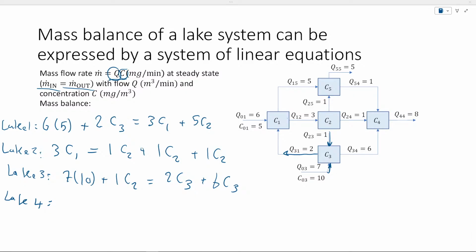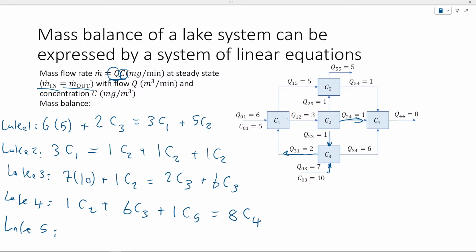Okay, lake 4. What do I have in lake 4? What's coming in? I have 1 of C2 plus 6 of C3 plus 1 of C5. And what is leaving is 8 of C4. Lake number 5, the last one.